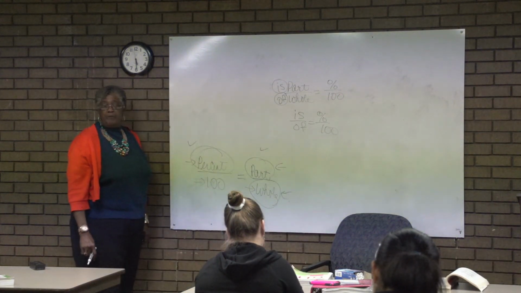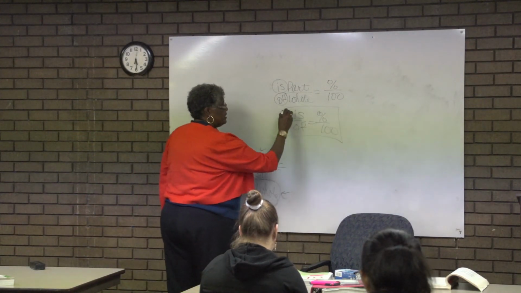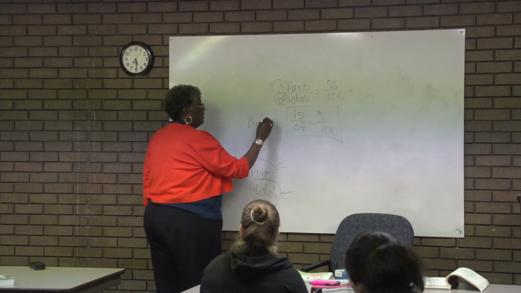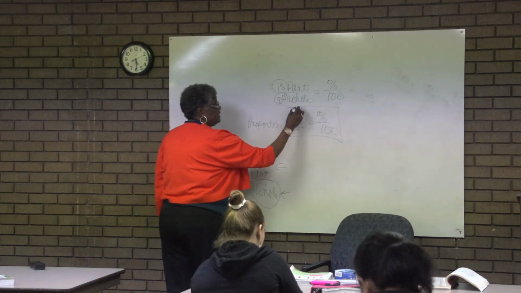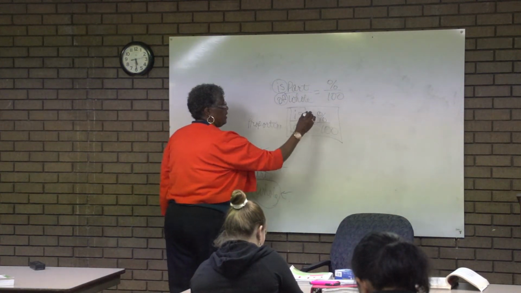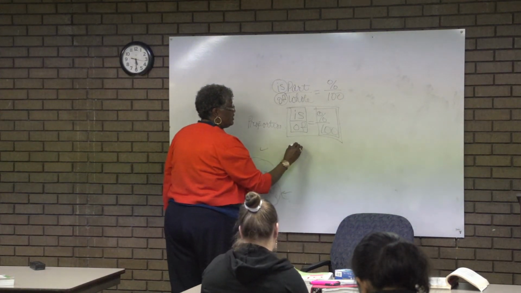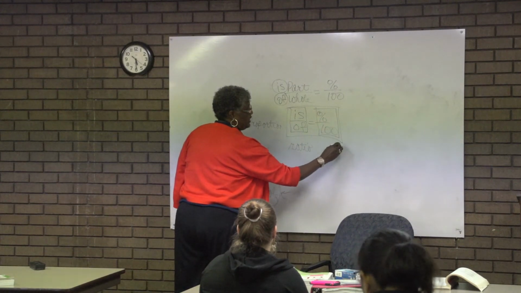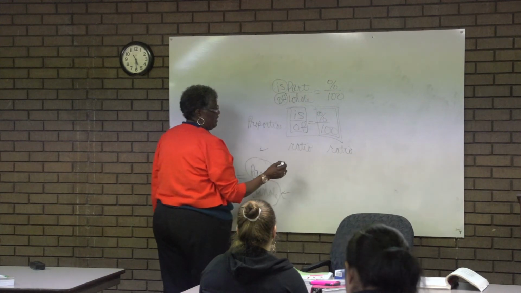Now I have it set up this way because when it's set up this way, this is called a proportion. Each of these singly are called ratios. That's a ratio. That's a ratio. A ratio just shows the relationship of one number to another.